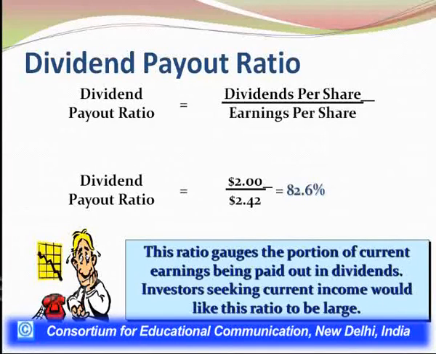How much did the company earn? The company earned 2.42, out of which the company is paying $2. So not all of the earnings belonging to shareholders, 2.42 per share, are distributed; rather $2 has been distributed per share.